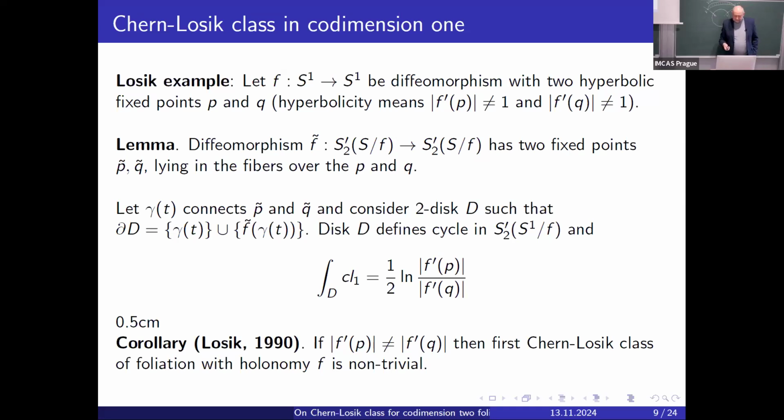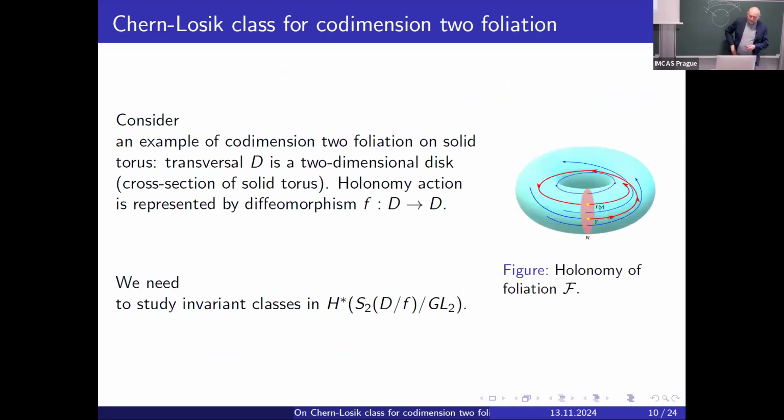And now I consider the construction of the Chern-Losik class for codimension 2. For this, I will speak about some concrete examples, but the construction is very general.